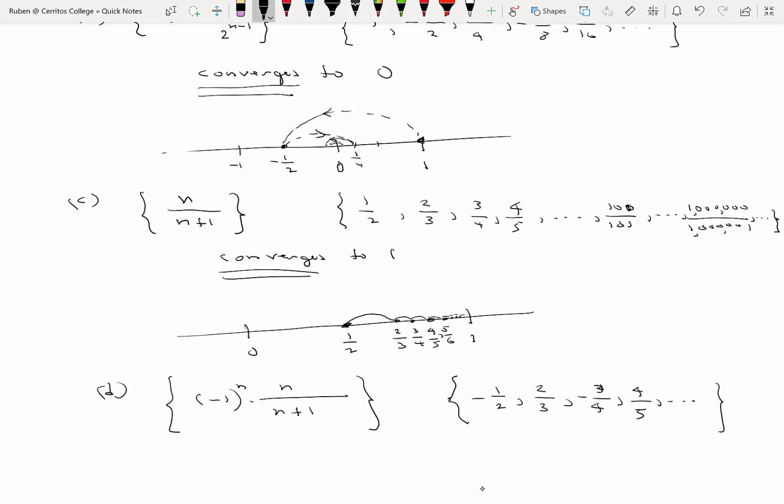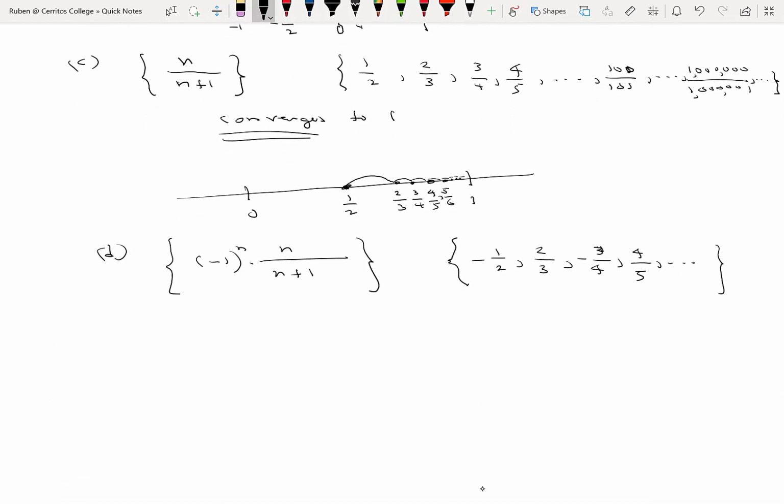Now, without that alternating term, without the -1 to the n, this sequence converged to 1. With that alternating term, though, we have a very different situation. Let's take a look at what happens if we graph the terms in the sequence on the number line. The first term is -1/2. Then the next term bounces us up to +2/3.